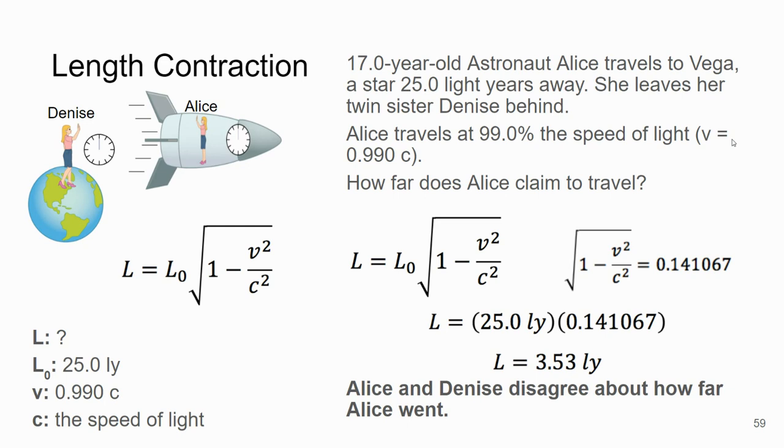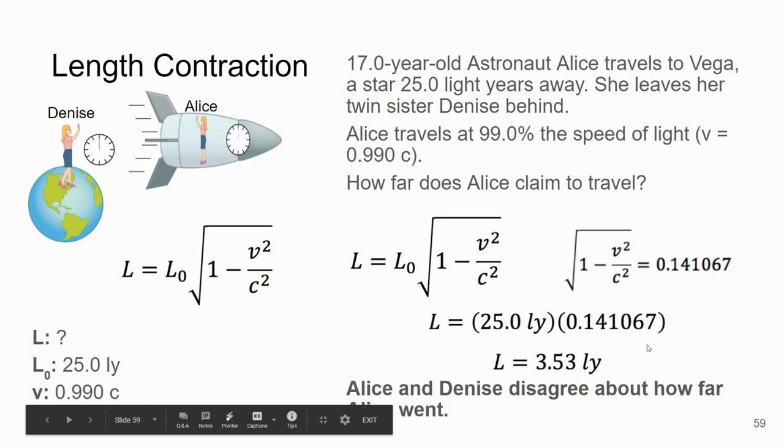So how can you go 25 light years in 3.56 years if you can't even go the speed of light? The reason Alice was able to do that, and she truly did, according to her, is because Vega wasn't 25 light years away. When she's moving at 99% the speed of light towards Vega, Vega is only 3.53 light years away. So time and space are bending, and it's getting weird.